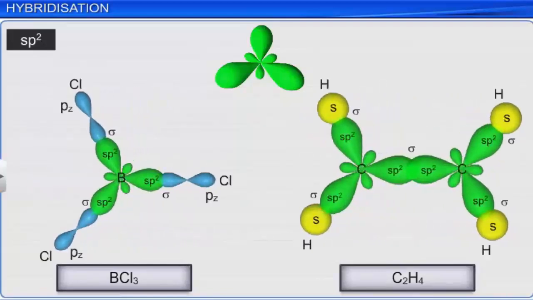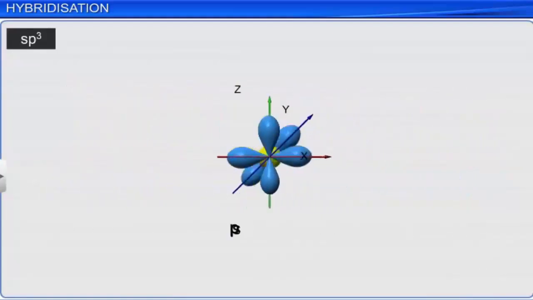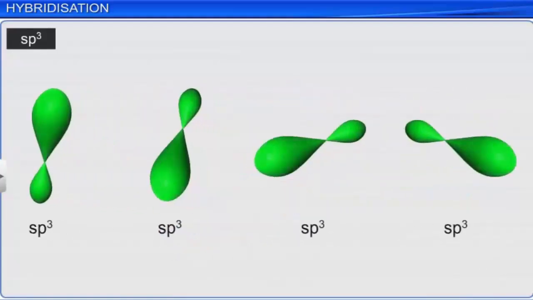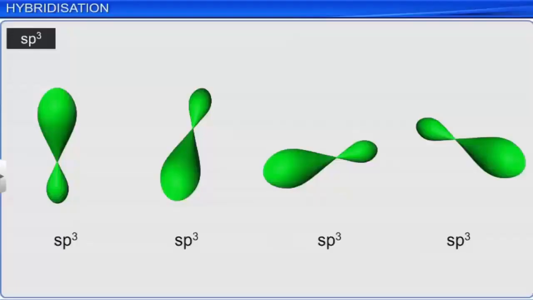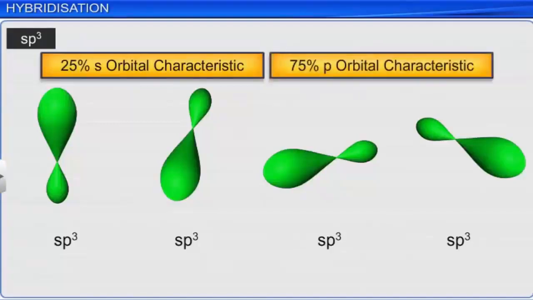In sp3 hybridization, one s orbital combines with all the three p orbitals to form four equivalent sp3 hybrid orbitals. Each hybrid sp3 orbital displays 25% s orbital characteristics and 75% p orbital characteristics.